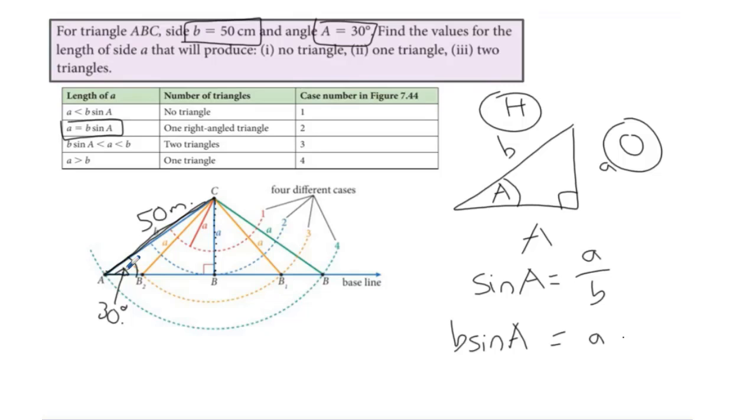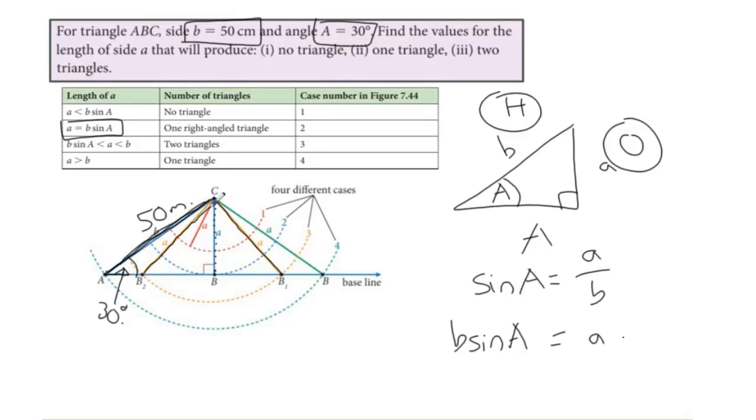If A is less than B but greater than B sine A, then you get two possible triangles. You can see that with the yellow line. It's less than side length B, but longer than the blue line that goes straight down, so we can get two possible triangles.